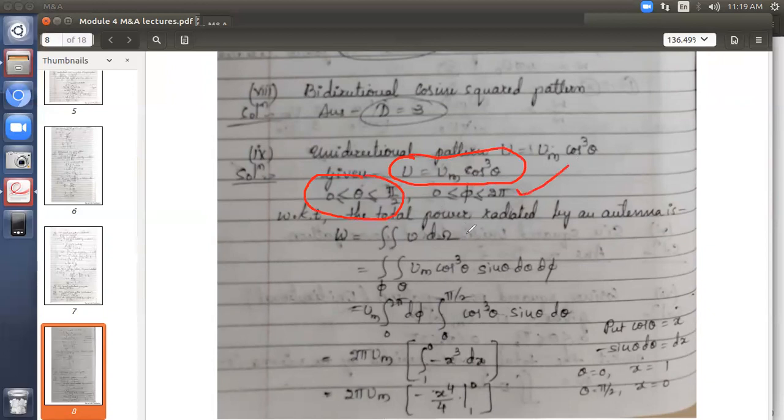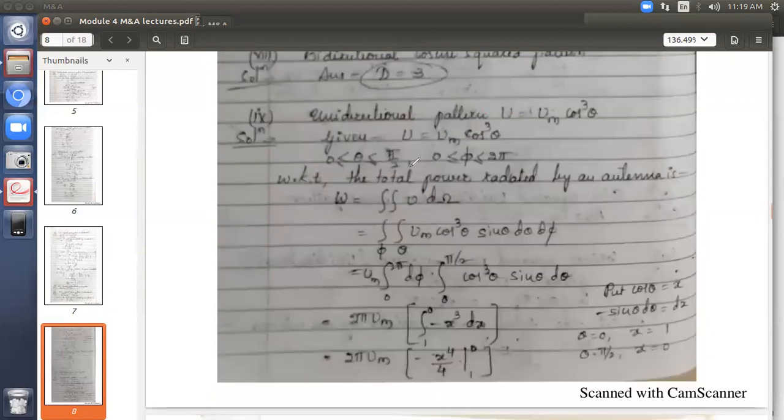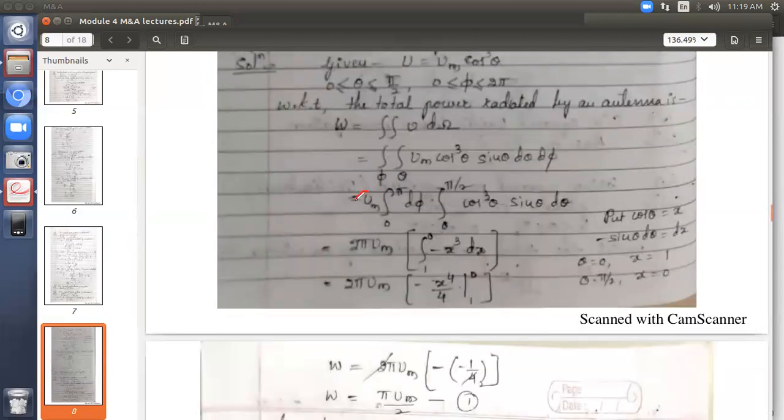Go for the first step. W is double integration U into d omega. Substitute U, it is Um cos cube. D omega is sine theta d theta, and for the outside integration, it is d phi. Then what I have done, I have taken it outside.